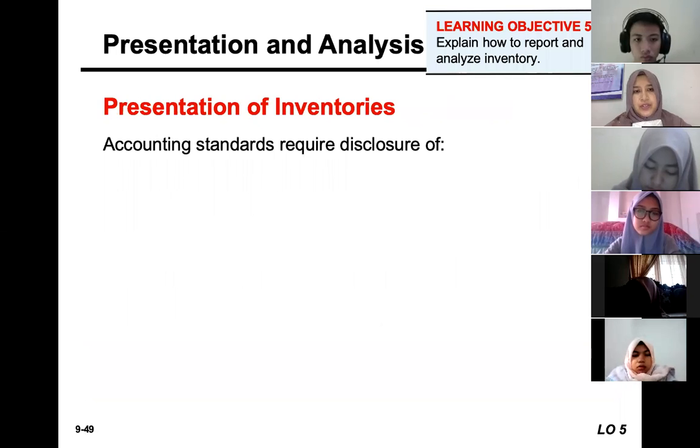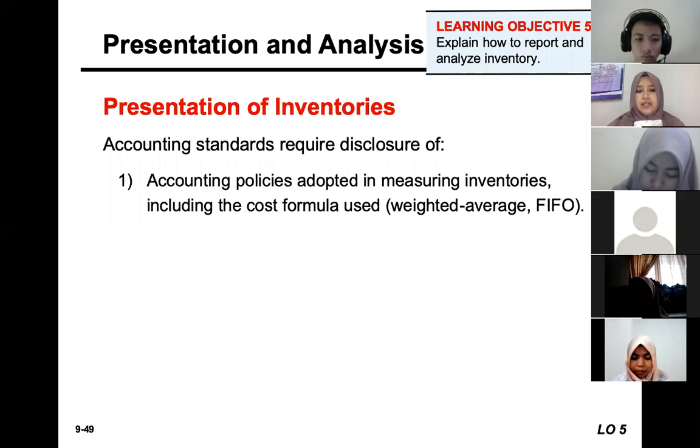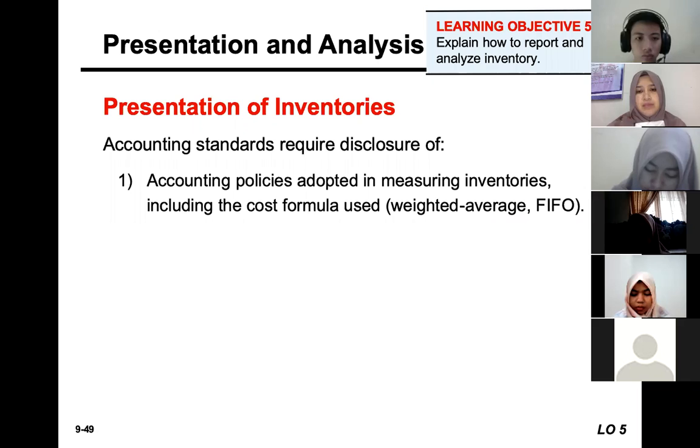Okay, now we move to a presentation of inventories. The IFRS basically requires the companies to disclose with regard to inventories, first, the accounting policies adopted in measuring inventories, whether it is weighted average and FIFO. Why no LIFO?